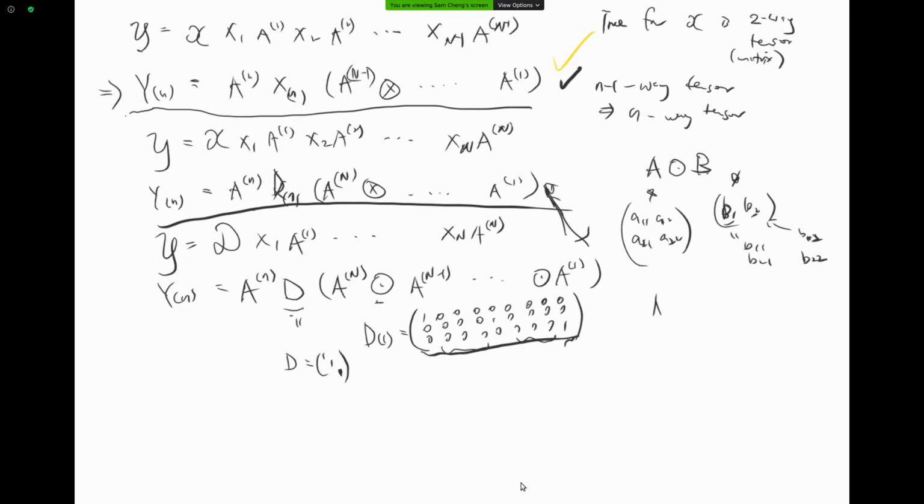Then the Khatri-Rao product of A and B is A11 B1, A21 B1, A12 B2, and A22 B2. As you see, I'm only expanding along this dimension here, and along this one we don't have any expansion, unlike the Kronecker product.